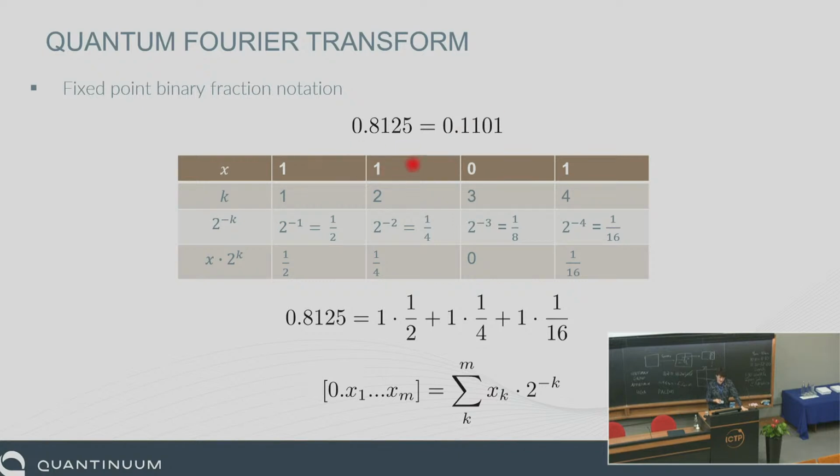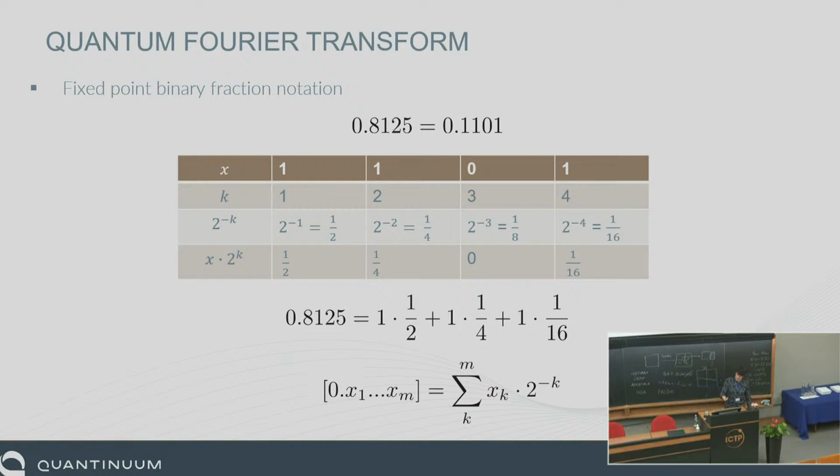So the bit values are 1/2, a quarter, 1/8, 1/16, and then we multiply each by its bit. 1 times 1/2 is 1/2, 1 times a quarter is a quarter, 1/8 times 0 is 0, and 1/16 times 1 is 1/16. We add these together, and this gives us our binary fraction, which represents our decimal. So the more bits you have, the higher resolution you get.